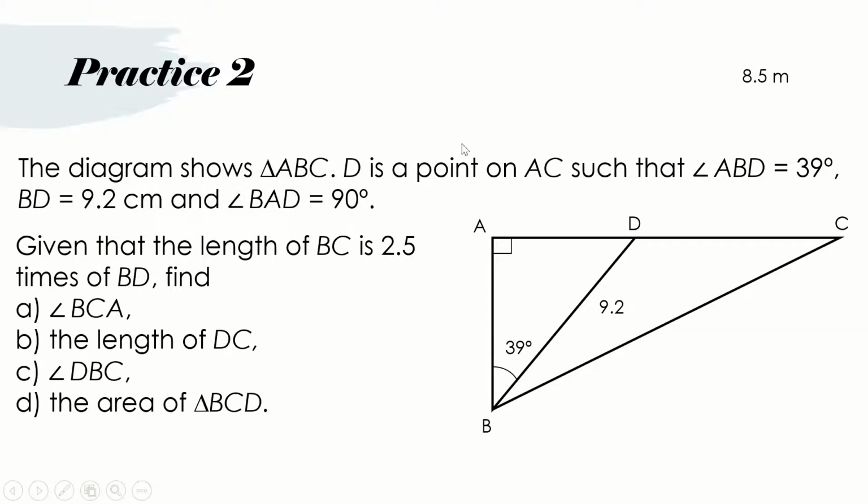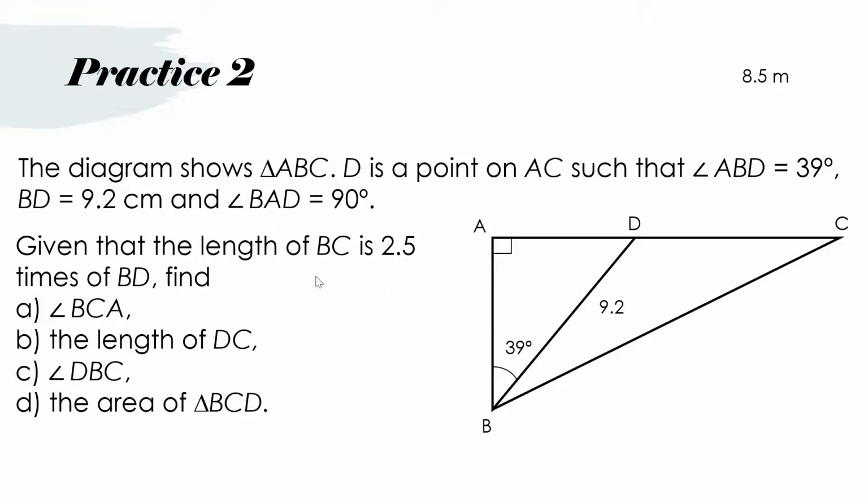Okay, practice 2. The diagram shows triangle ABC. D is a point on AC such that angle ABD will be equal to 39 degree. BD will be equals to 92 centimeters. And angle BAD will be 90 degrees.